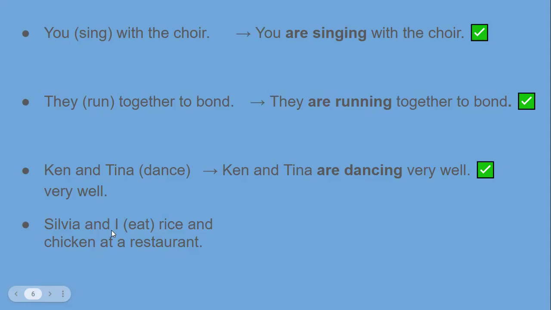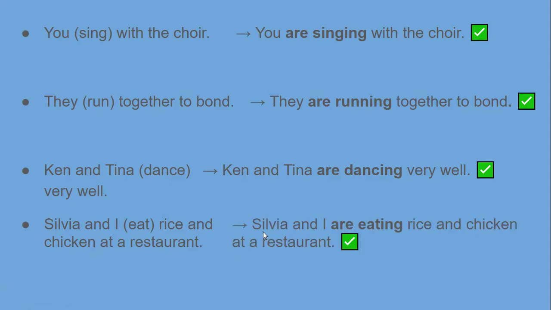Why? Because I'm part of the subject. So it's similar to saying we. And therefore, for we use the verb to be are, and then we add an ing at the end of the verb. So the correct sentence is, Sylvia and I are eating rice and chicken at a restaurant.